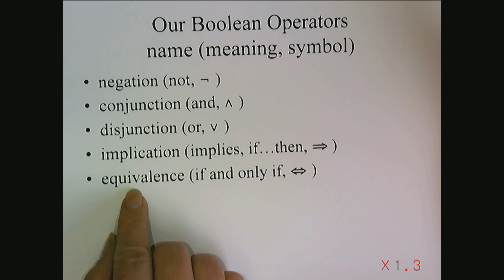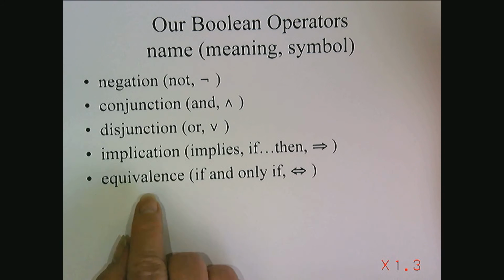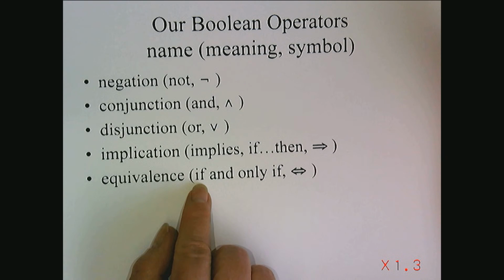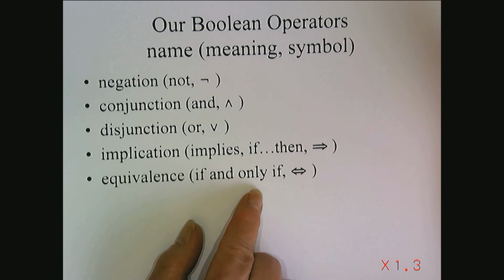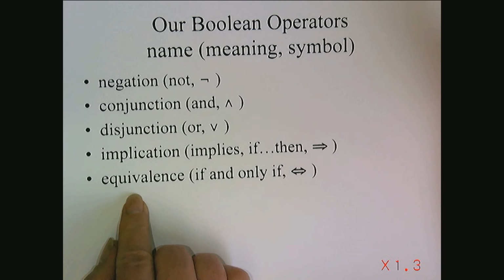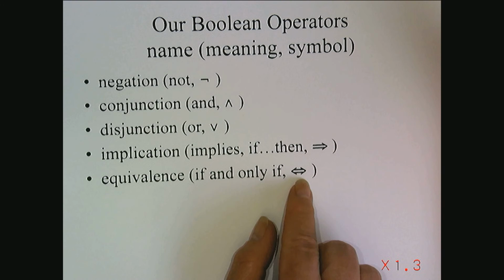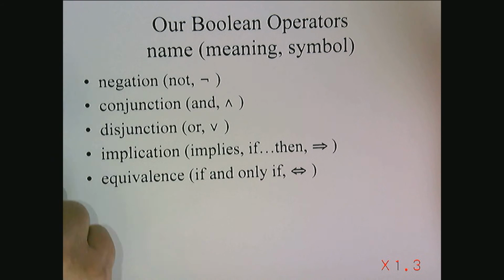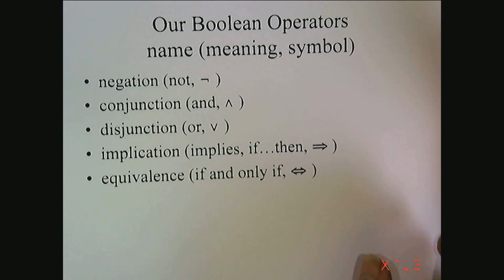And then we have equivalence, which is going to be very important to us. It means if and only if. Sometimes we say equivalent to, and we use a double arrow in this particular case. So what I intend to do is to look at each one of these Boolean operations separately and give you some examples of their use.